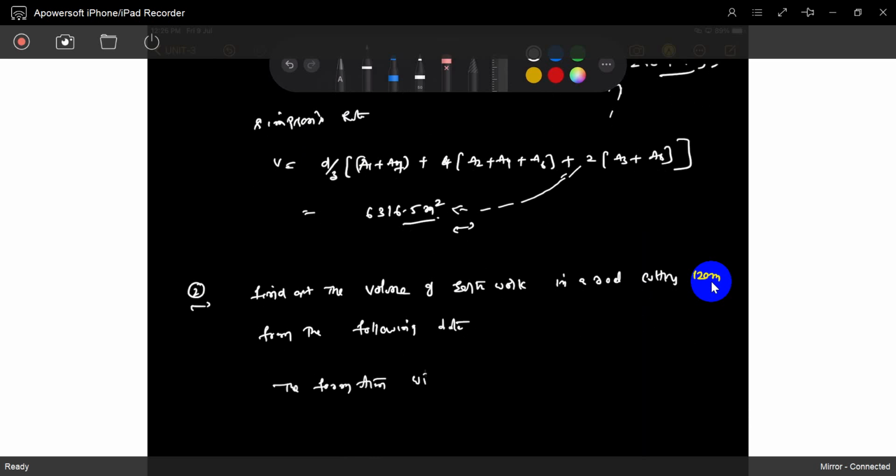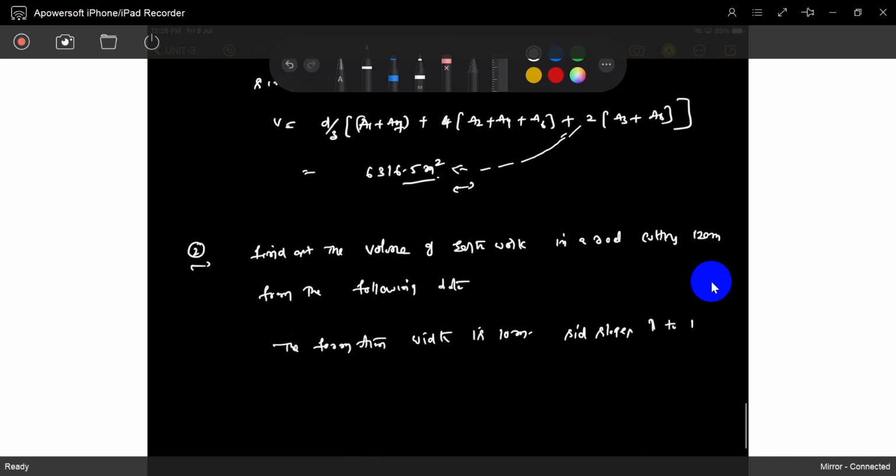The formation width is 10 meters. Side slopes are 1 to 1, one horizontal to one vertical. He directly gave the average depth of cutting along the center line, which is 5 meters.